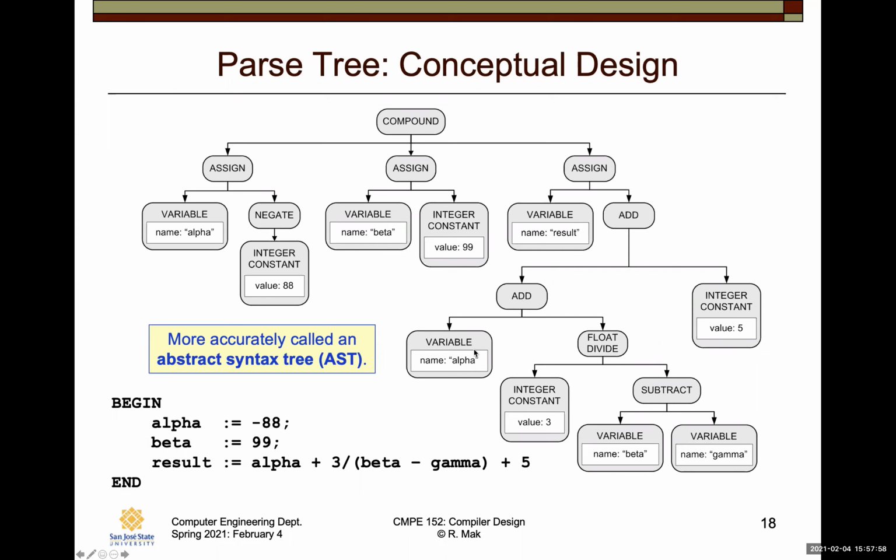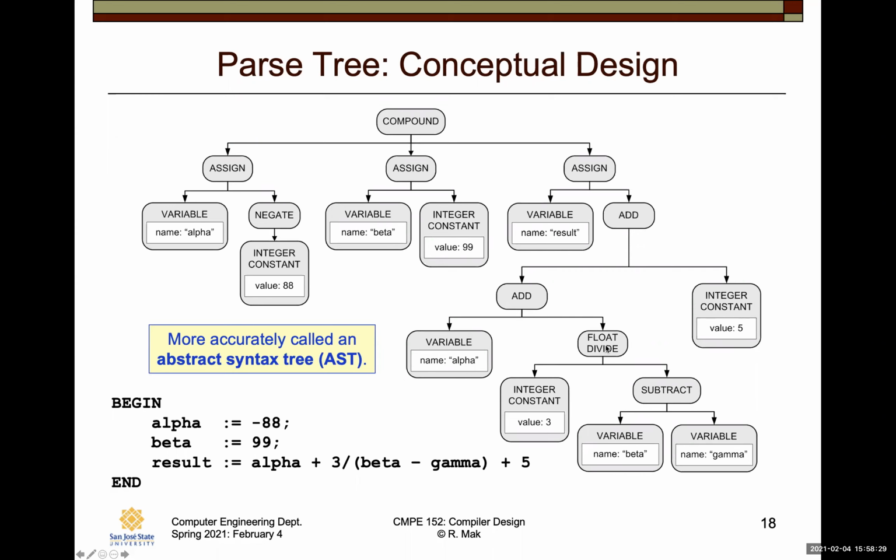We can see that the second child of this add node is the 5. So there's the 5, but the first child is another addition. So for this addition, the first child is alpha, and the second child of this addition, we see that there's going to be a floating division.